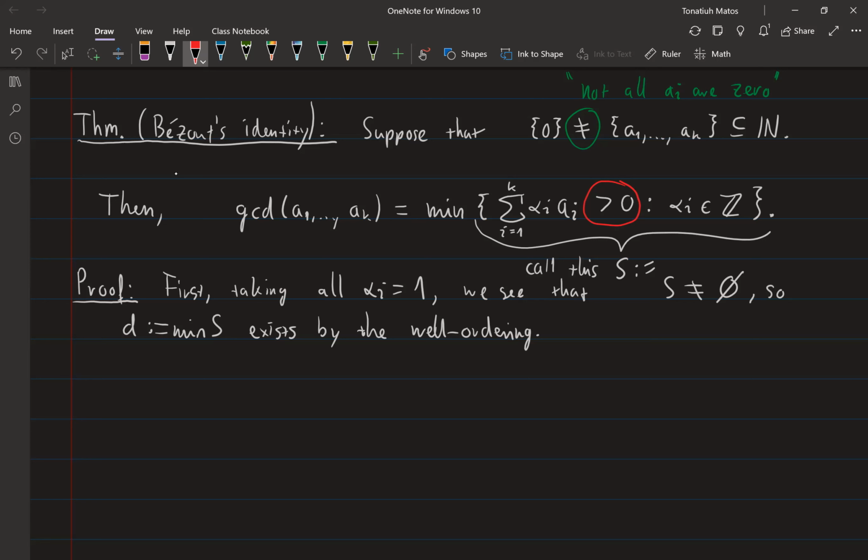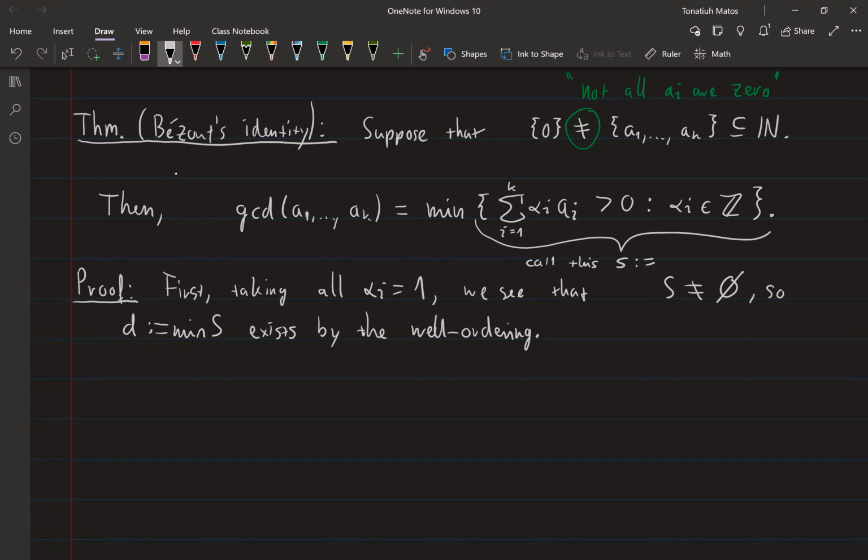There's no least element in that case. So this is something that is our responsibility to verify as part of the proof. Let's keep that in mind.